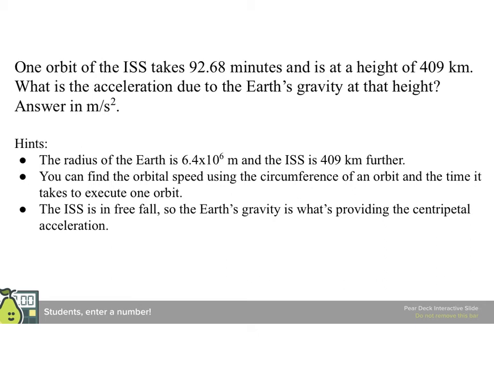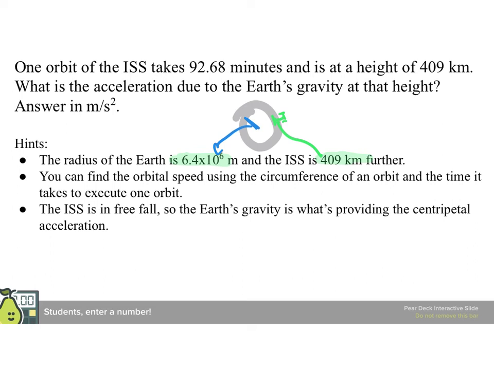Some things to keep in mind that are useful to know. The radius of the Earth is 6.4 times 10 to the 6 meters, and the ISS is 409 kilometers further out, meaning if this is the Earth, this bit is that number, and then the space station is this number further out.